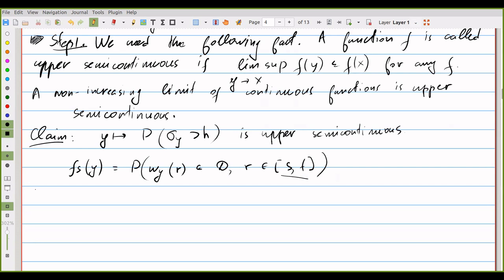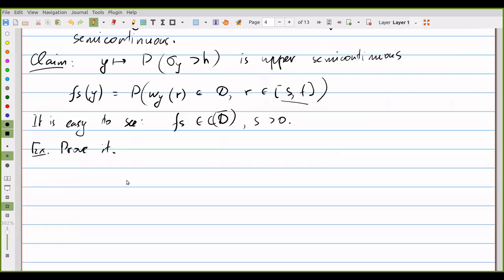Now, it's easy to see that it's a continuous function on the closure of D for any s. I will give this as an exercise, but generally you just need to recall that D is open and use the dominated convergence theorem.